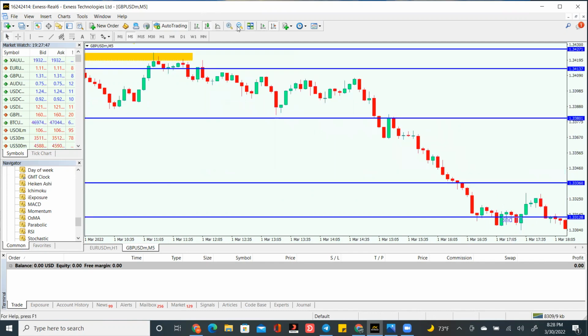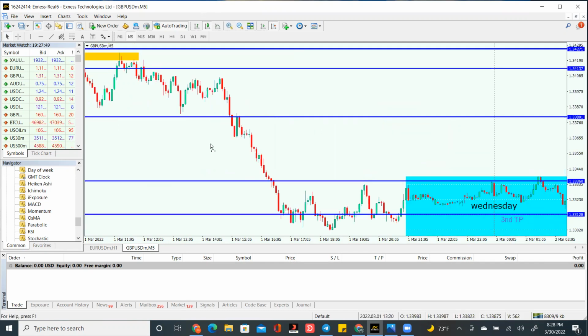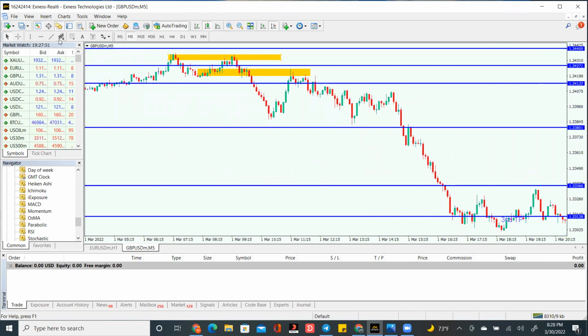Let me minimize. This one from the order block gives me 1 to 4. If I use 10 pips as my stop loss, this one gives me 1 to 4. Then the second one gives me 1 to 10.